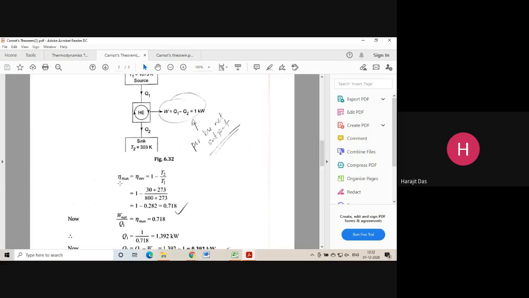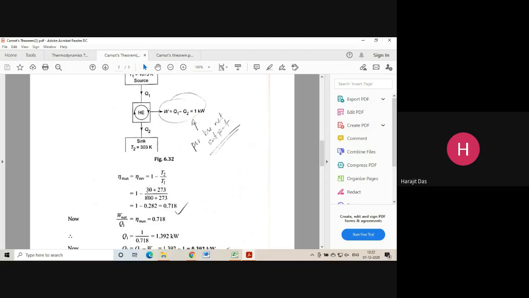What was the efficiency? We know by formula that the efficiency of a reversible heat engine, eta reversible or eta maximum, is 1 minus T2 upon T1, isn't it? T2 is the sink temperature, so 30 plus 273 Kelvin, because 30 is given, so you need to add 273. Then T1 is 800 plus 273.